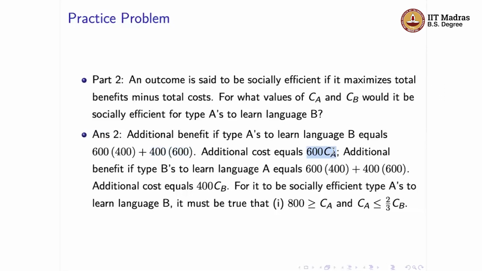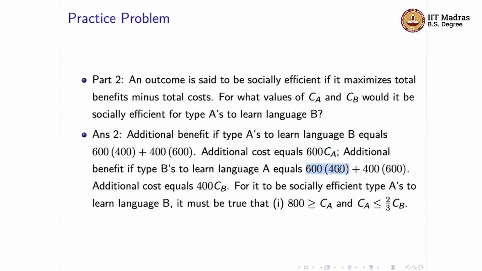Now we want to compare this situation with what happens if instead type Bs were to learn language A, right? In this case, what would be the increase in benefits? What would be the increase in cost? If all of the type Bs learn language A, that benefits each of the 600 type A speakers because now they can speak with type B, right?